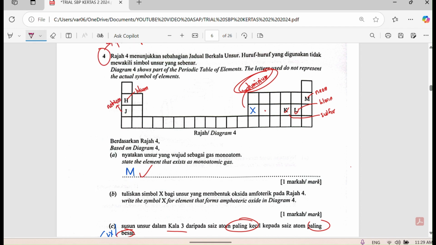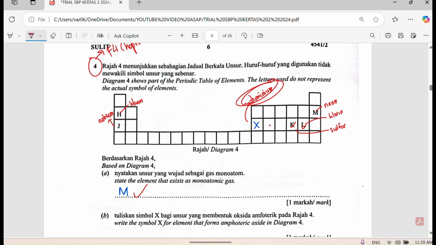Okay. Now, this is your period 3, correct? This is your period 3.